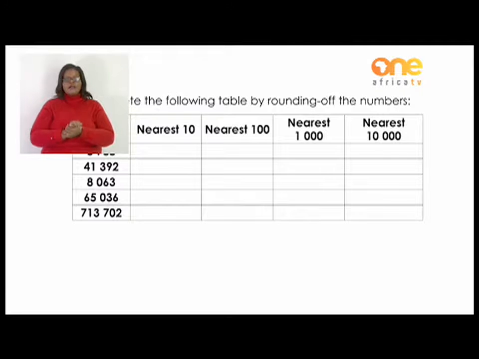You must round that number to the nearest 10. Remember that 10 is also D. You have to round off the same number to the nearest 100. 100 is written in numeric, so you need to understand that 100 is also H, capital H. The nearest 1,000 and the nearest 10,000 are the same.